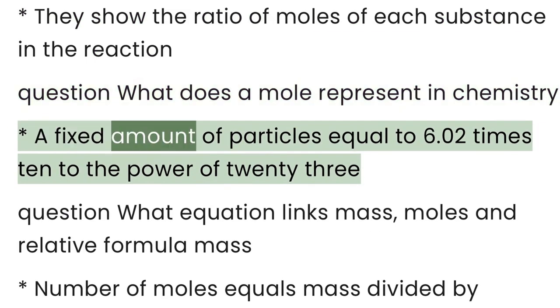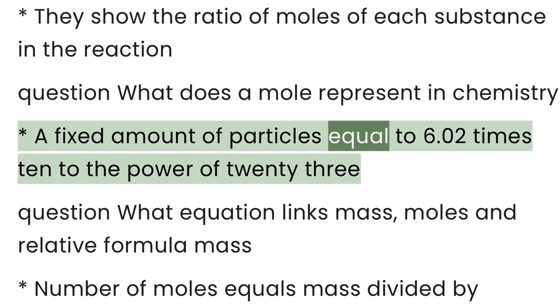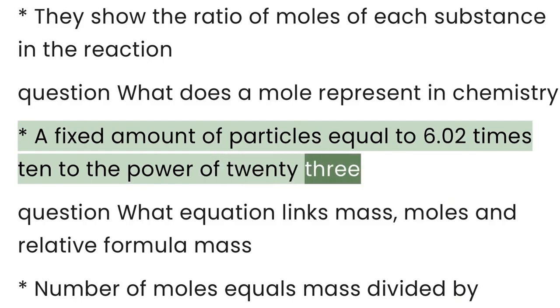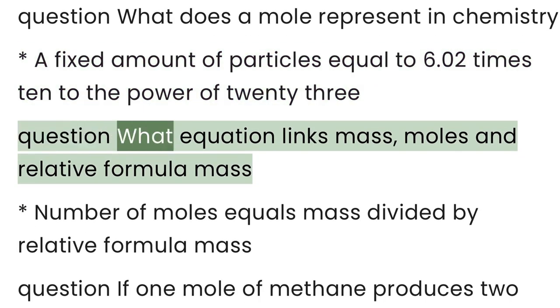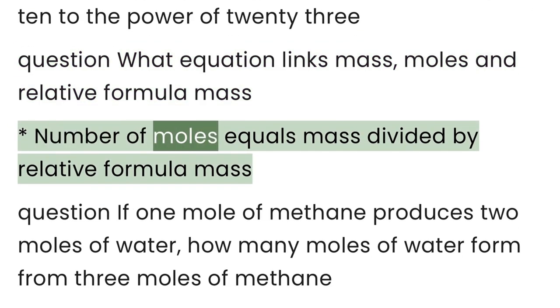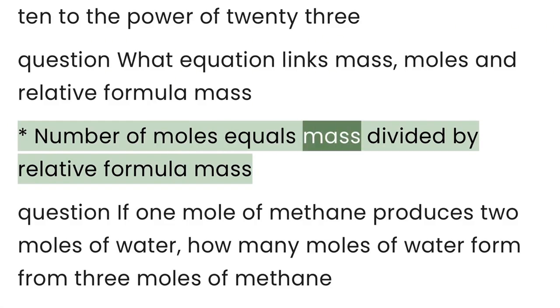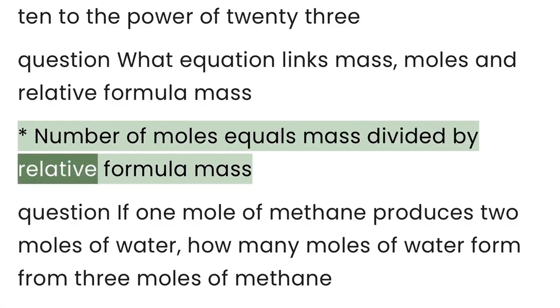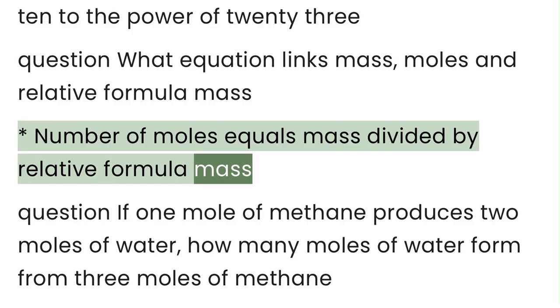A fixed amount of particles equal to 6.02 times 10 to the power of 23. Question: what equation links mass, moles, and relative formula mass? Number of moles equals mass divided by relative formula mass.